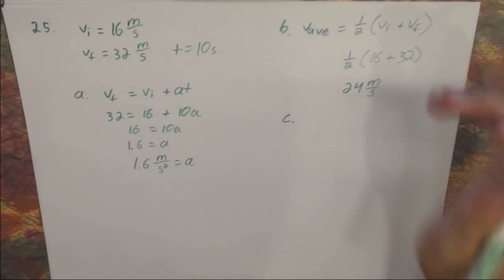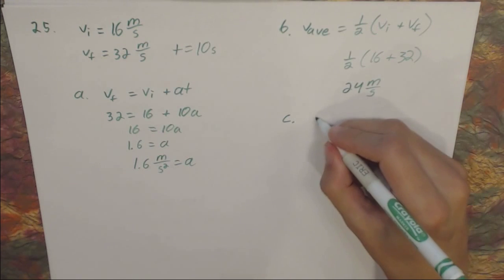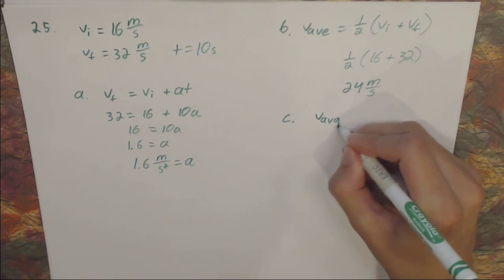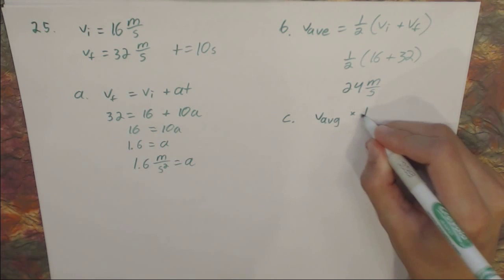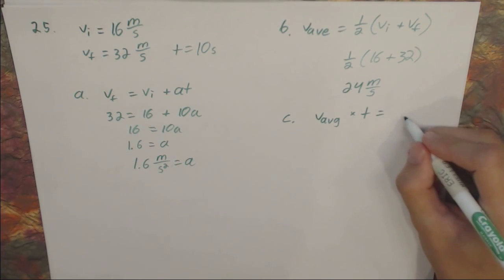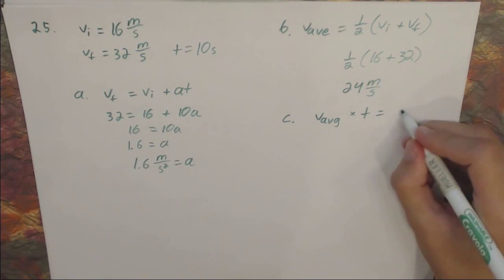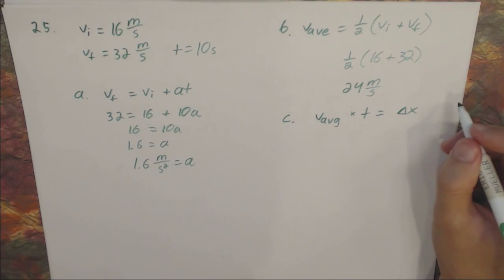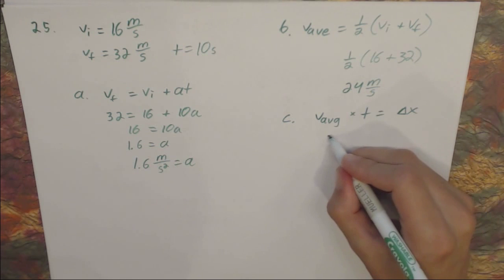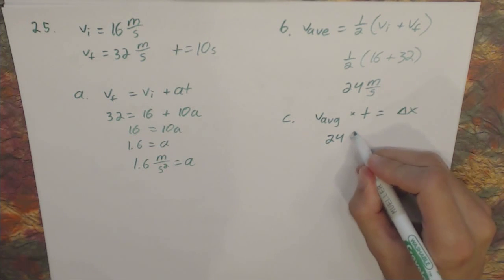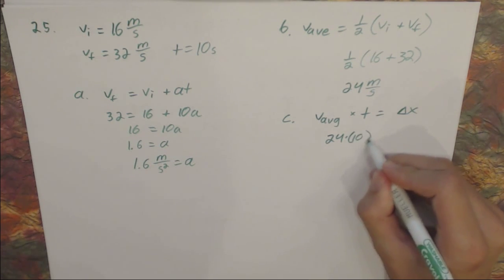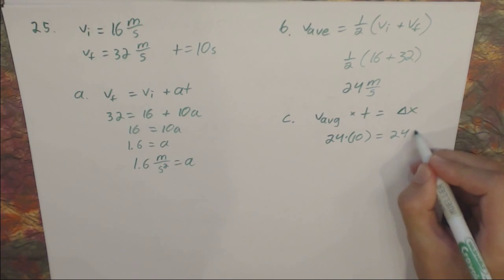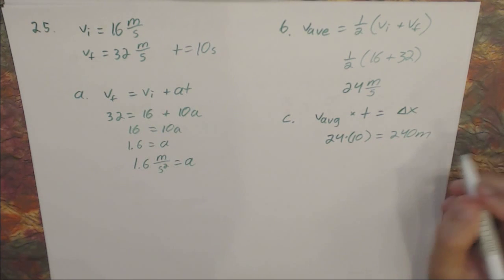First way, easiest way, you take your average velocity times your time, and that will give you your total distance traveled, or delta x, whatever you want to call it. So we take 24 times 10. That gives you 240 meters.